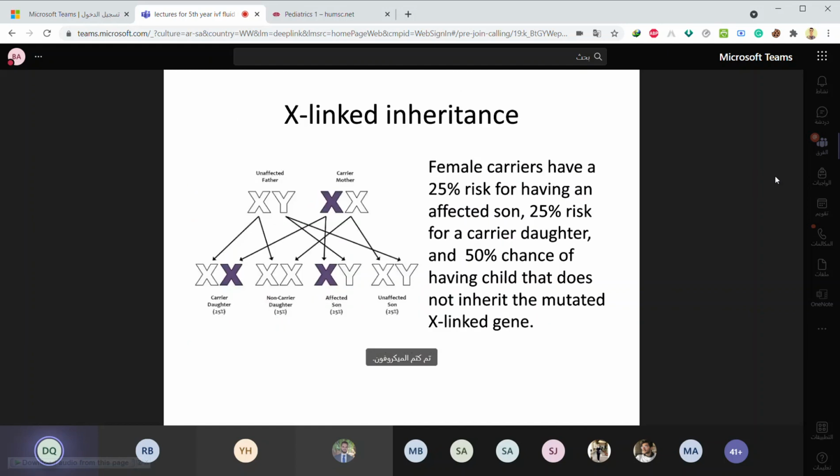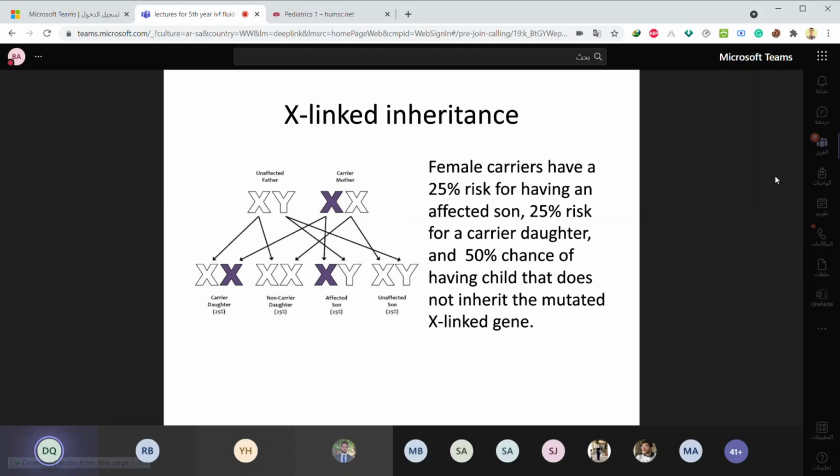X-linked inheritance. A female carrier has a 25% risk of having an affected son, a 25% risk of a carrier daughter, and a 50% chance of having a child that does not inherit the mutated X. So X-linked means it's on the X chromosome.